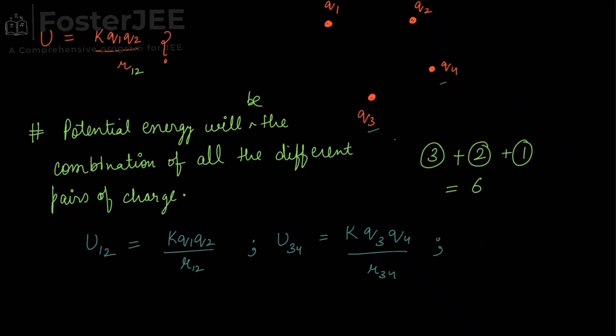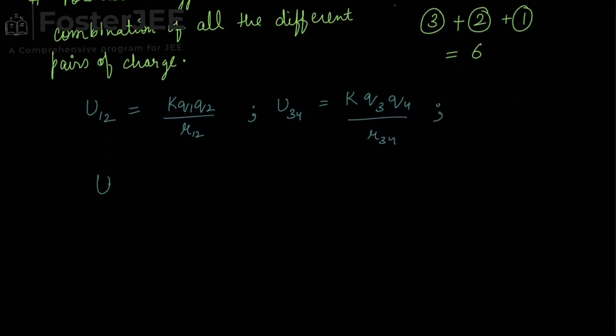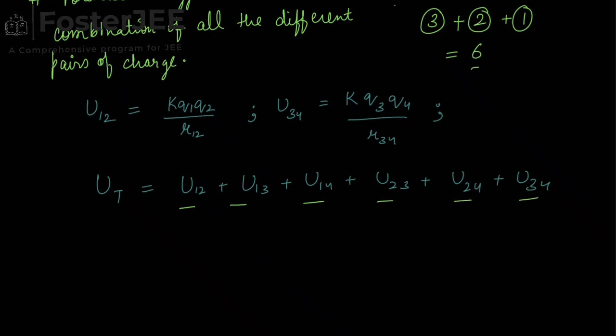Now the total potential energy of the system will be U12 plus U13 plus U14 plus U23 plus U24 plus U34. That is, 6 terms will be occurring.